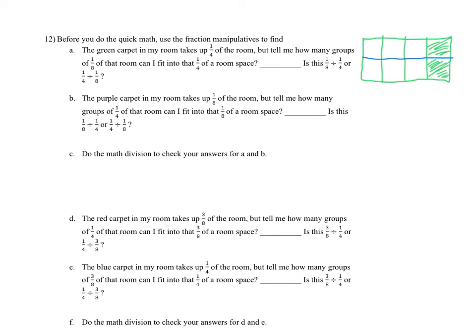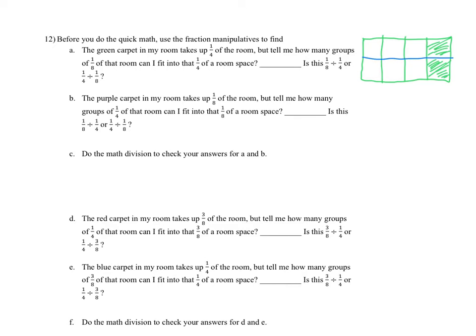So when I have my picture here, I basically use the green square and I drew it into fourths using just the green part here. And then I shaded in just on the right-hand side to show that the green carpet takes up 1/4 of the room. Then I drew a blue line in there. I know that 1/8 is half of 1/4.